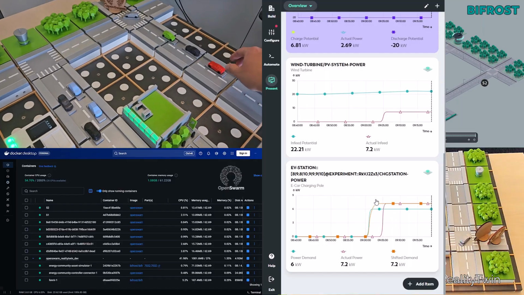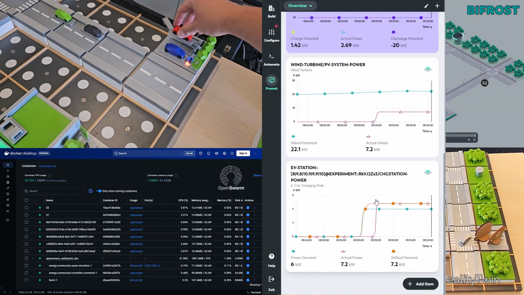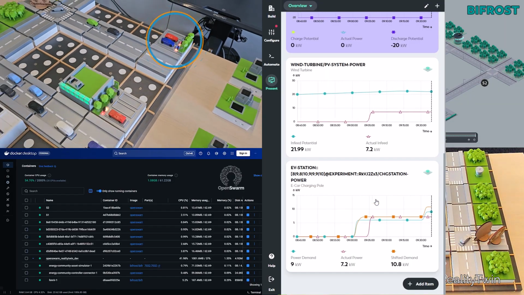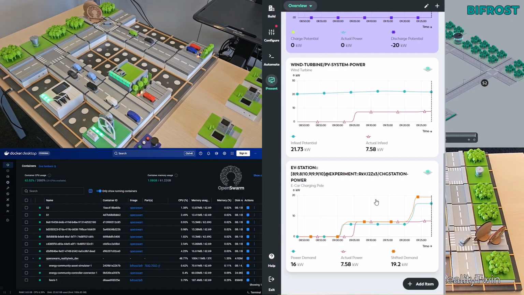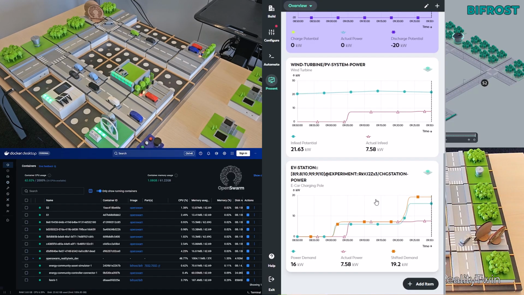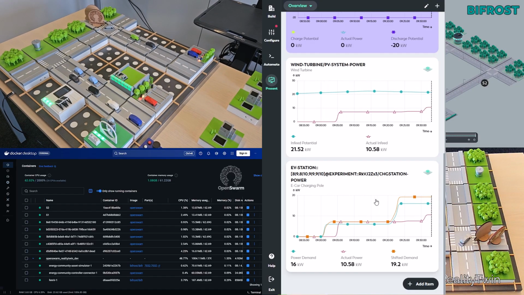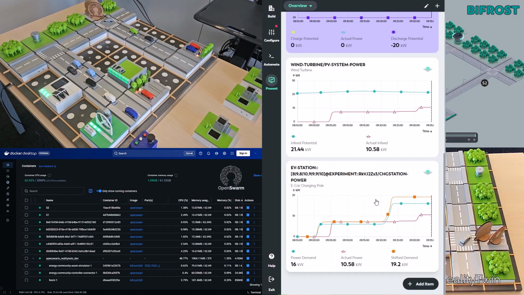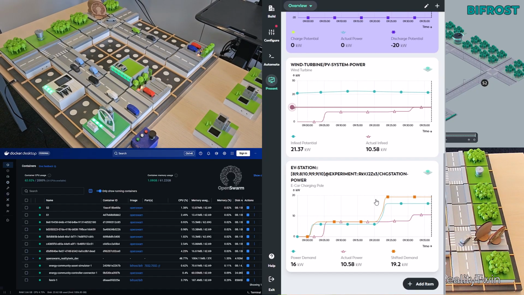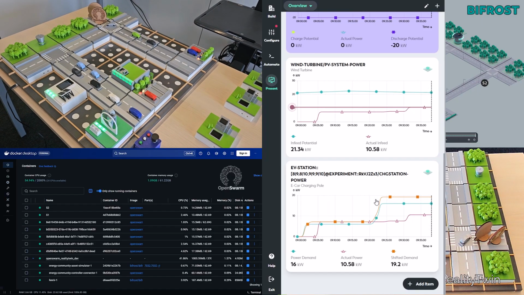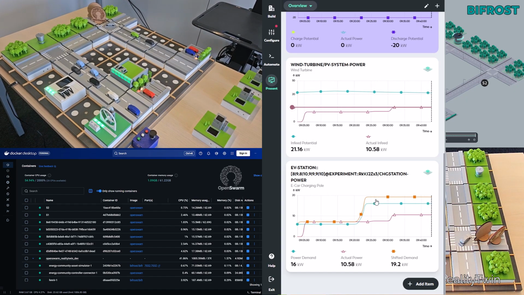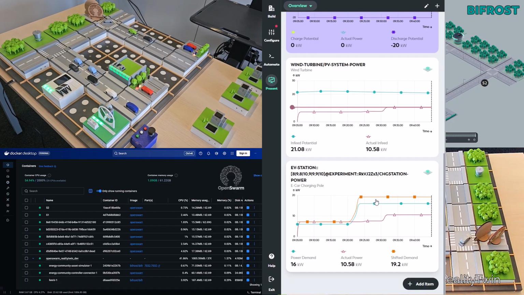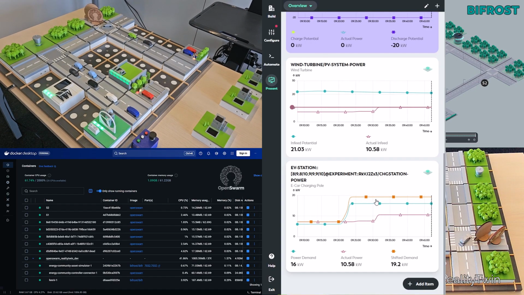Let's add another car, like this red one. And what we can now observe is there's an increase in charging demand, but the wind turbine, despite having full potential to supply this charging demand, cannot provide more power.